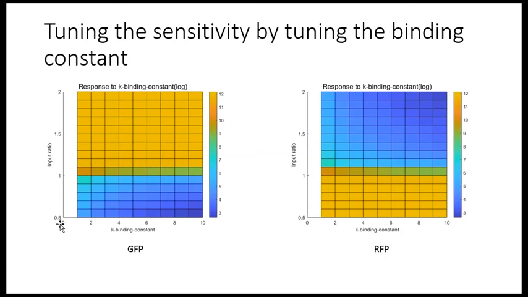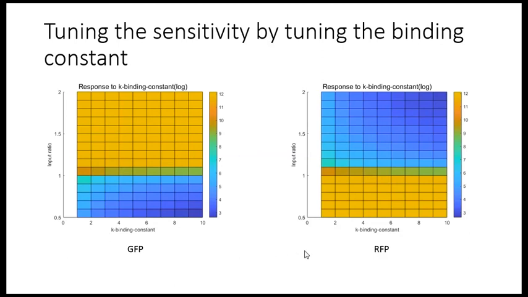So we can see that as the binding constant increases, the GFP expression level will be much lower when the ratio is low, and it will stay the same when the ratio is above 1, which means that when we change the input ratio from 0.9 to 1.1, there will be more fold change for a higher binding constant.